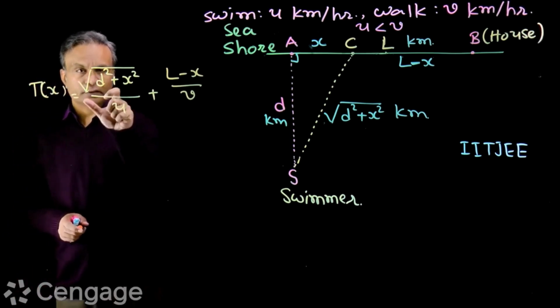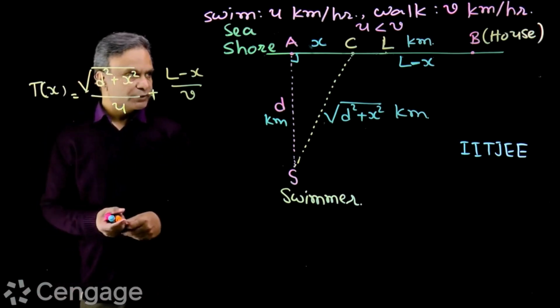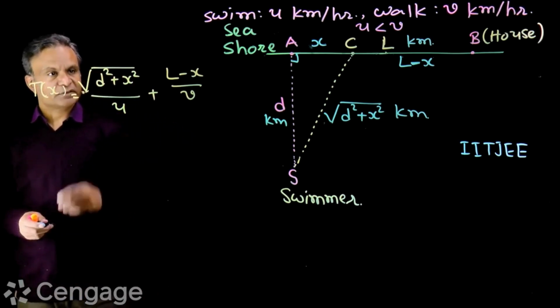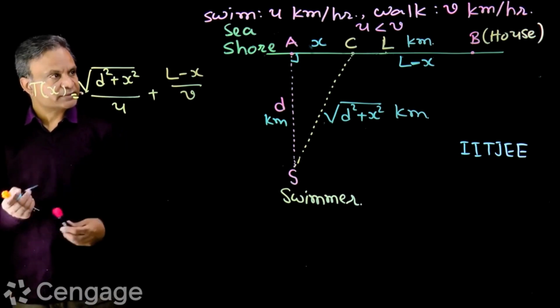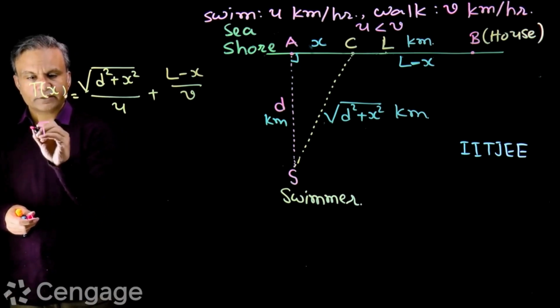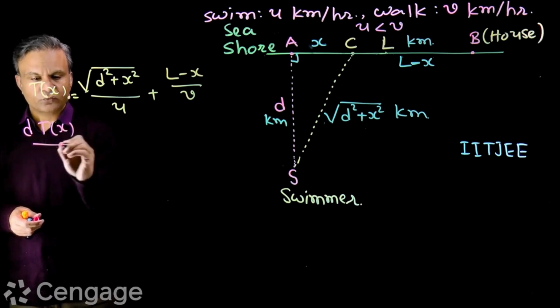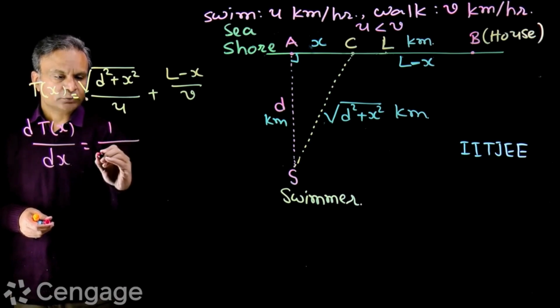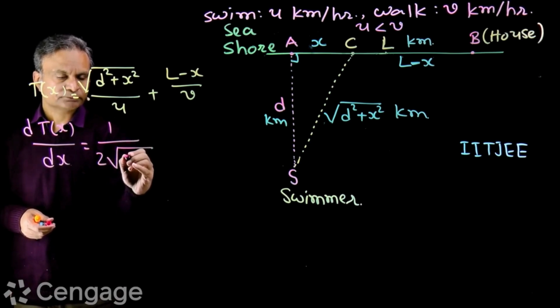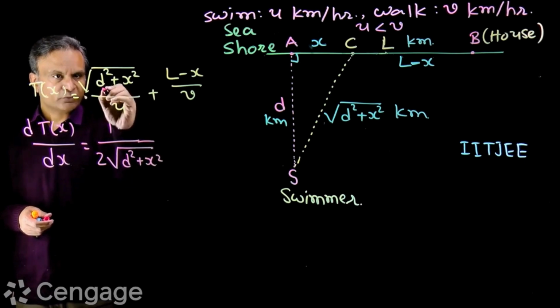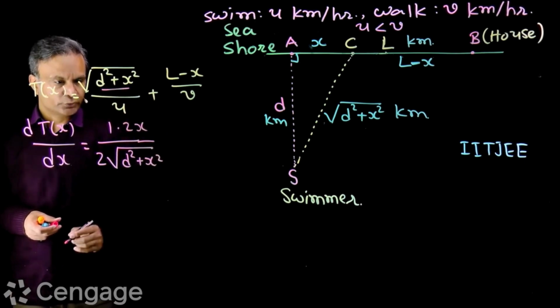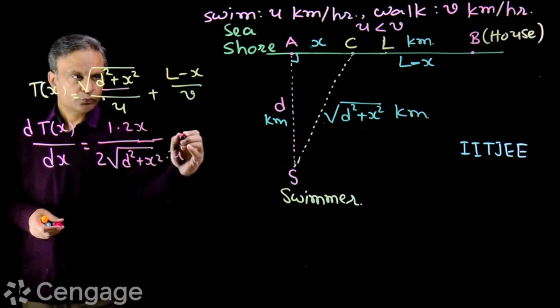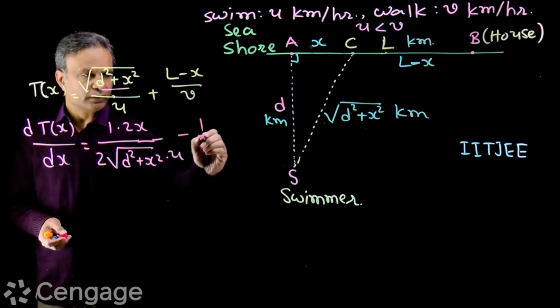Now we have to find minimum value of this function. Okay, तो क्या करेंगे? We differentiate this with respect to variable x. x के respect में differentiate करते हैं. We get dT(x)/dx is equal to 1 upon 2 root d square plus x square multiply by derivative of this which is 2x, okay, into 1/u, okay, minus 1 upon v.